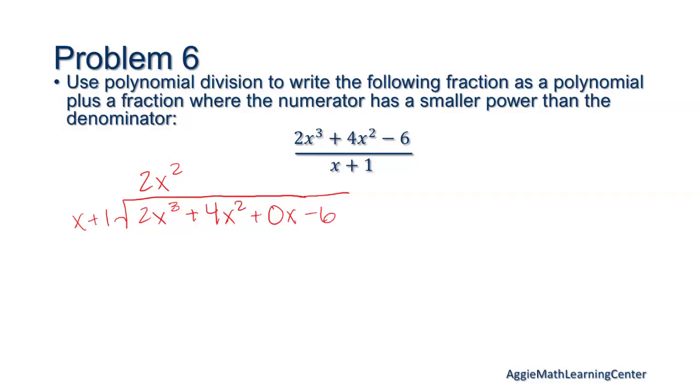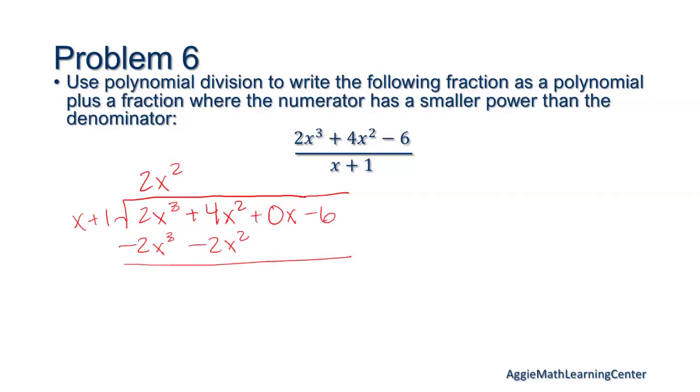So 2x squared times x gives us 2x cubed, and 2x squared times 1 gives us 2x squared. Then we're going to subtract that whole expression from what's inside of our division here, so that's going to make both of those negatives.